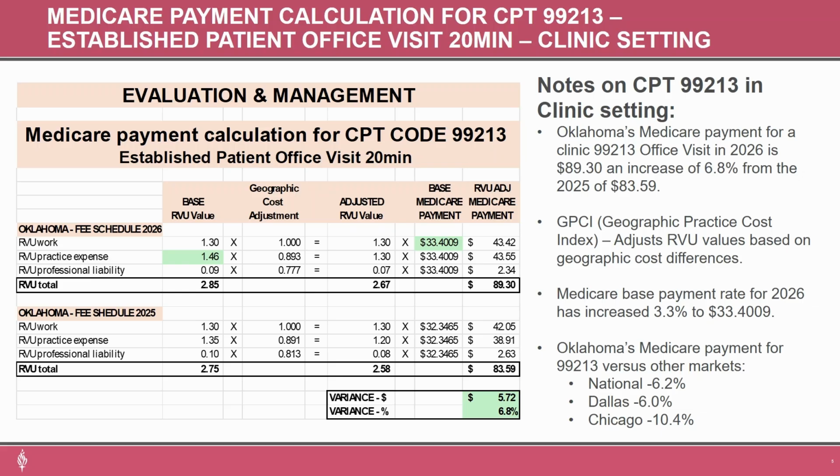Though each RVU type plays a similar role in the Medicare payment formula, the work RVU, unlike the other two RVU types, has additional uses within a medical group, which is why this RVU type is much more well known than the other two types. So let's look at two primary reasons why that is.